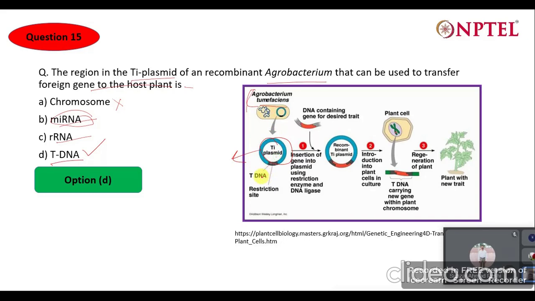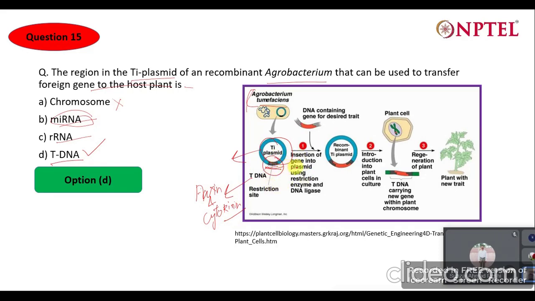The TI plasmid is very large and has a region called tDNA. The tDNA has the genes responsible for generating the crown gall; it produces morphogens, or hormones like auxin and cytokinin, in the plant. So it inserts the genes for auxin and cytokinin into the plant, which leads to a huge mass of cells, and that is called the crown gall.